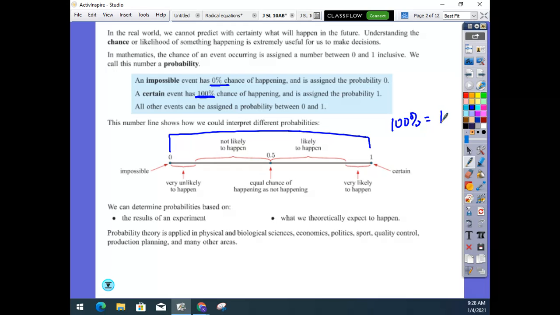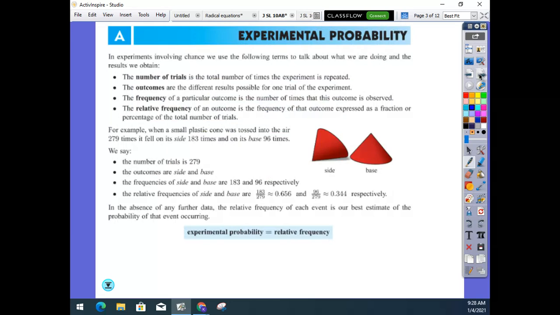All right. So then here's just some terminology. With experimental probability, you repeat an experiment over and over. So the number of times you repeat that is called the trials. The number of trials is just the total number of times. The outcomes are all the different results that you can see happening, like if you flip a coin, you'll either see heads or tails.